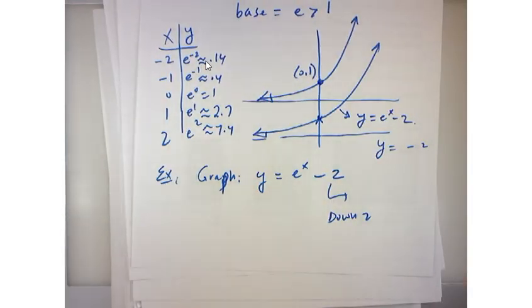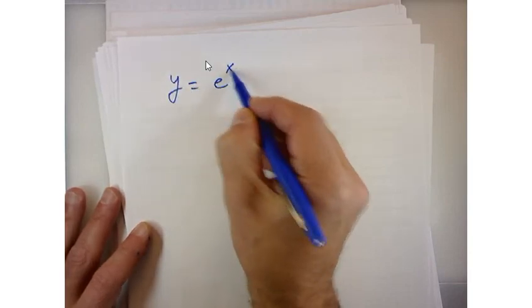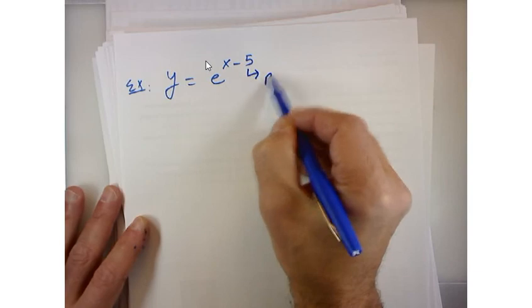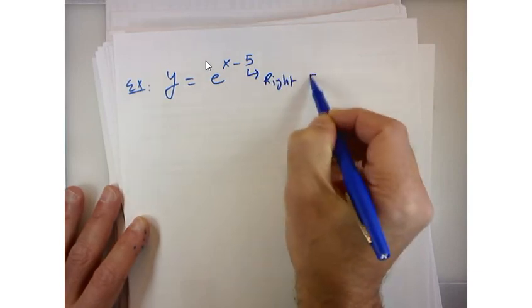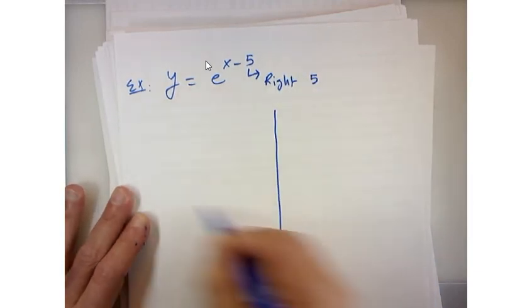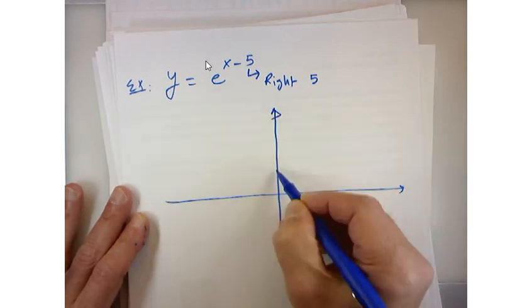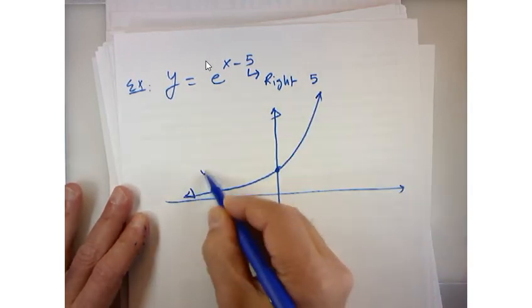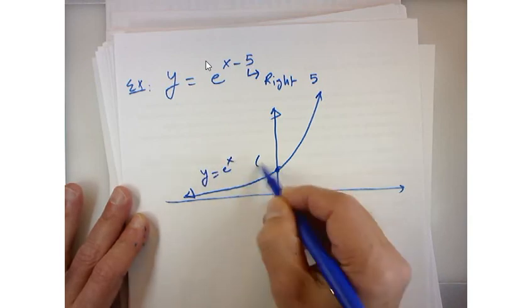And then say I want to graph e to the x minus 5, where the minus 5 is with the x. So this is shifted right 5 units. So e to the x, which I'm going to copy, so we know how we're going to shift it 5 units. This would be e to the x. It goes through 0, 1.